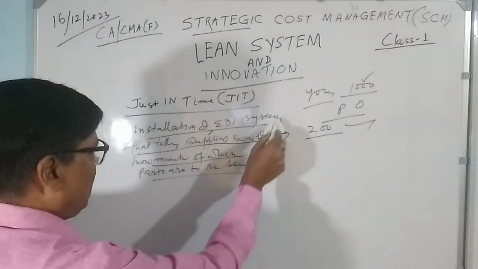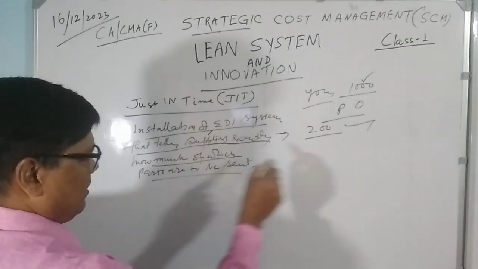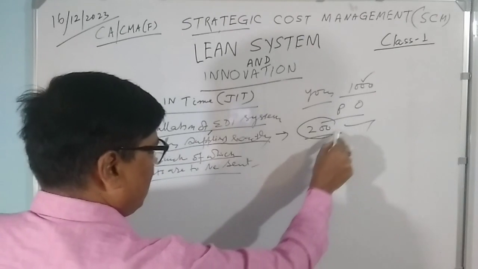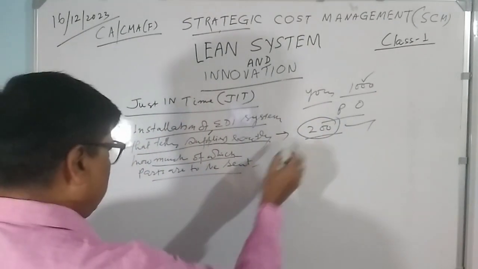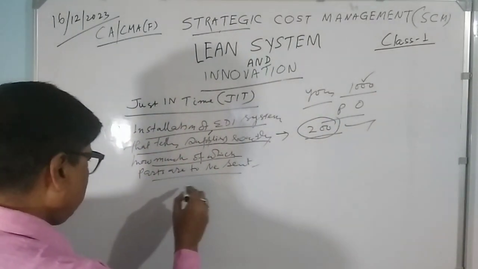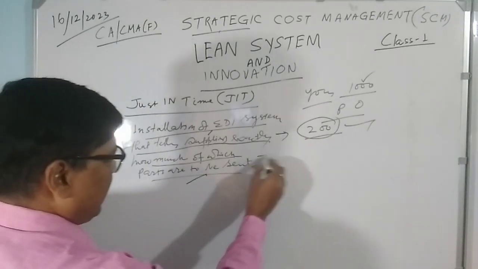So your system will tell that exactly out of that 1000 order, 200 tons of materials are to be sent at what date.